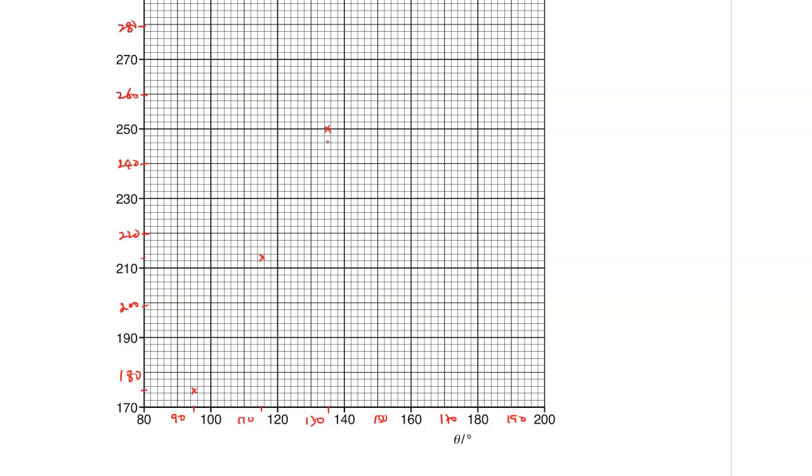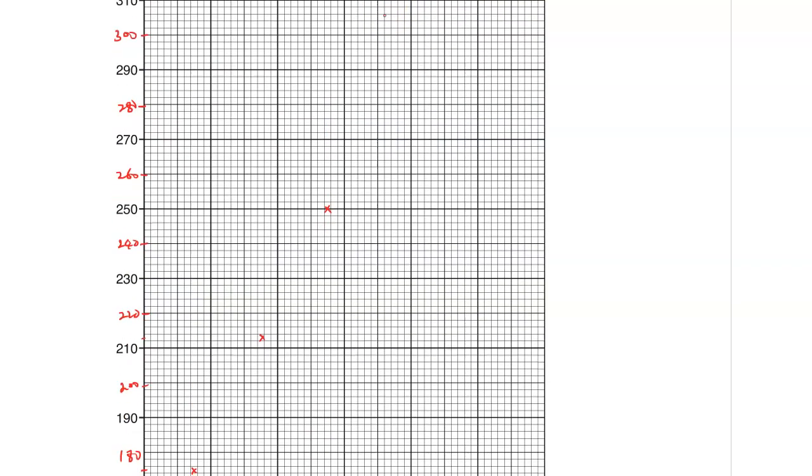Next value is 155. 155 is there. And 286. Each one of these is 2. So 286 is here. That is correct.